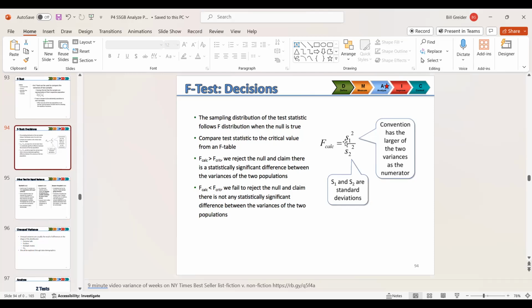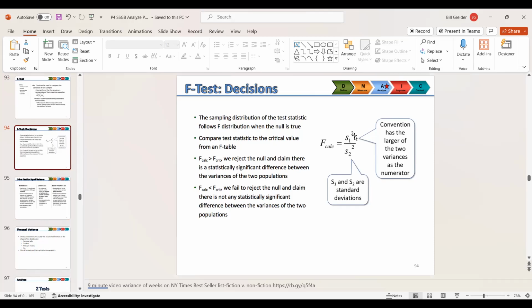Let me slow down. The bigger standard deviation squared goes on top. So in other words, the population with more deviation goes on top. I'm just trying to figure out, is there more variation in population 1 or population 2? That's all. Is there more variation in the height of boys in the 3rd grade versus girls in the 3rd grade?